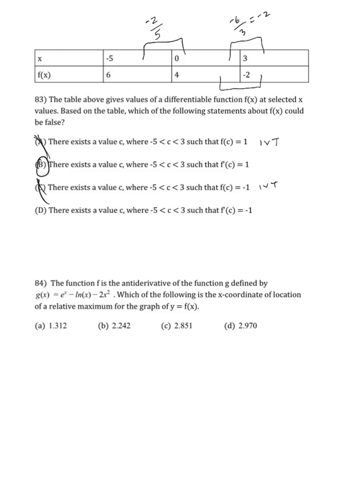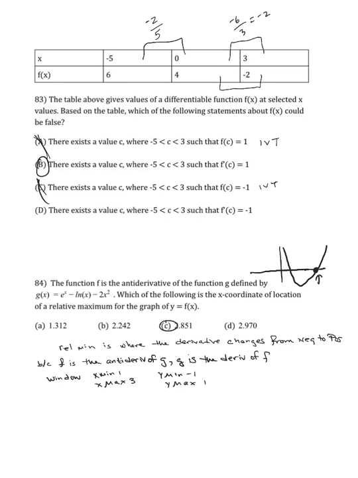84, I need to type this into my calculator, so let me pause this a moment. What I did in question 84 is I typed in the function g of x into y1. Then I graphed this function using the x min 1 and the x max of 3 because I eyed the answers, the y min negative 1 and the y max 1, because I'm graphing the derivative and I only care where the derivative changes sign from negative to positive.